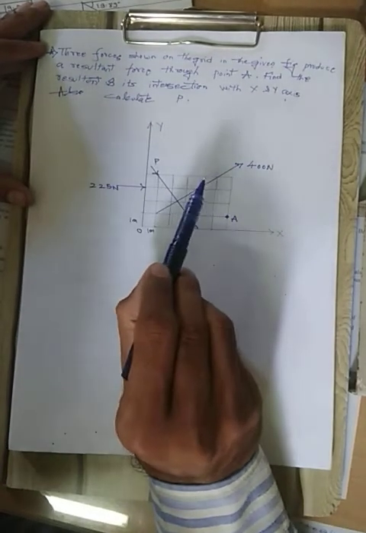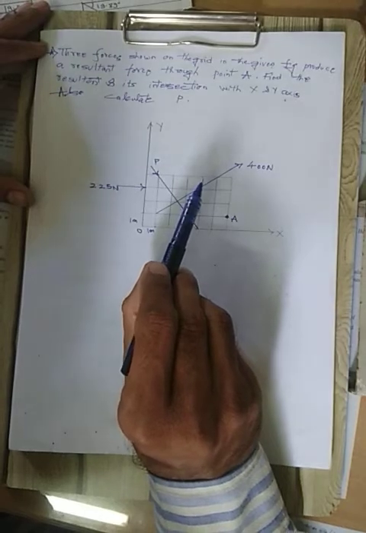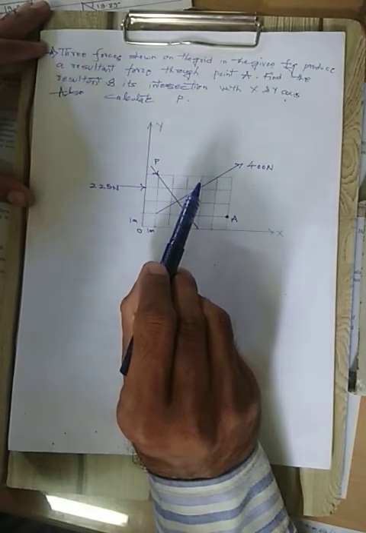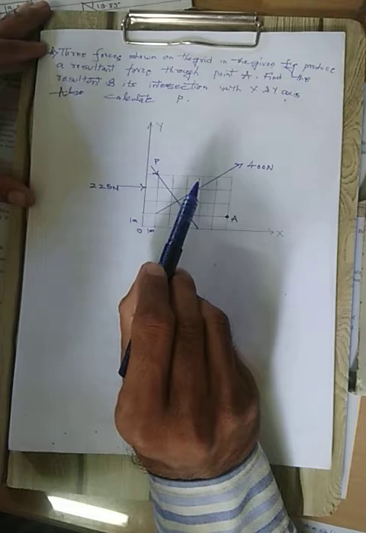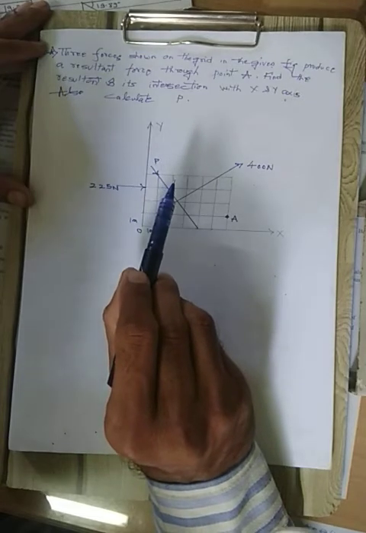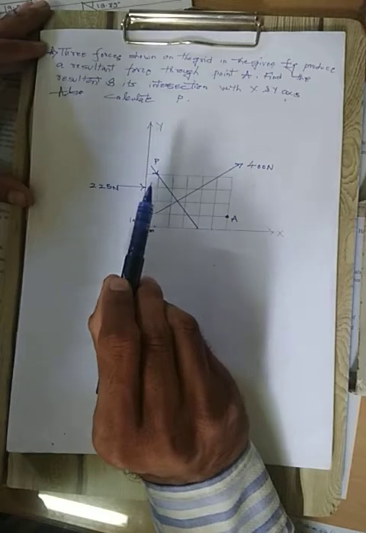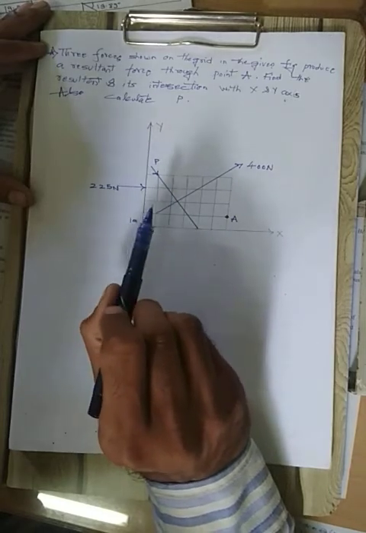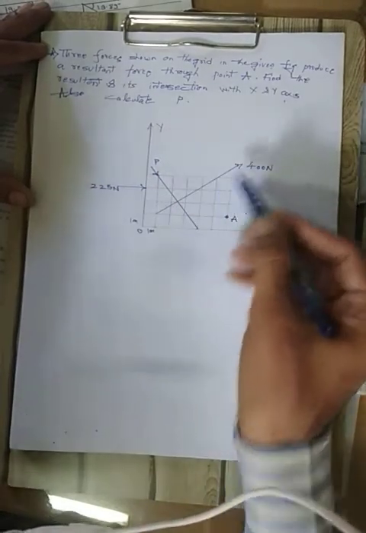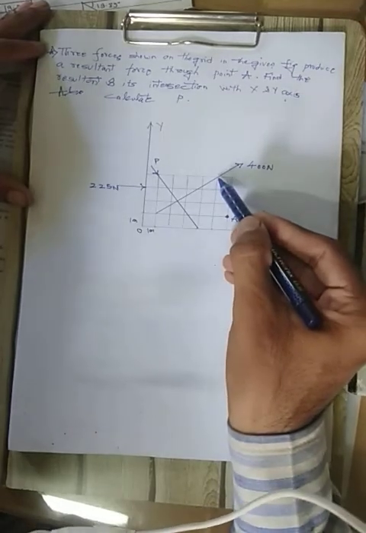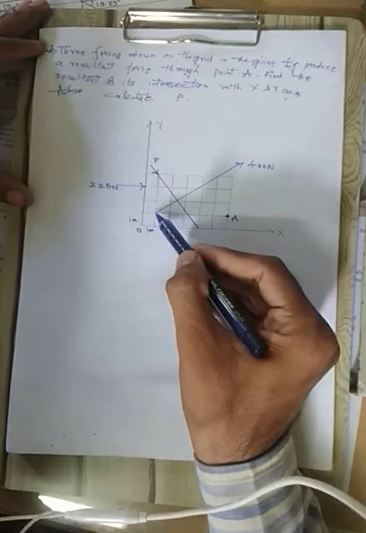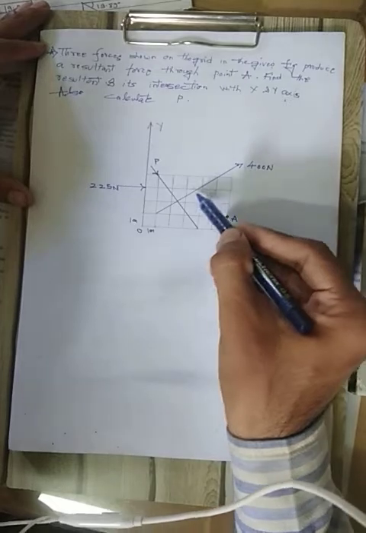also. So the first thing to keep in mind while transferring a force by the principle of transmissibility is that it should be along the same line of action. Here 400 is acting at the corner of this grid, but we can assume it at this point also, because it is along the same line.